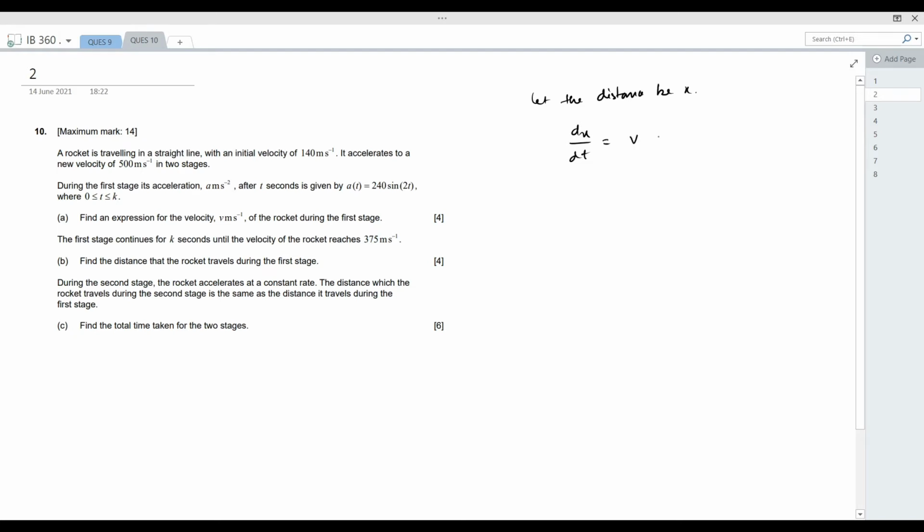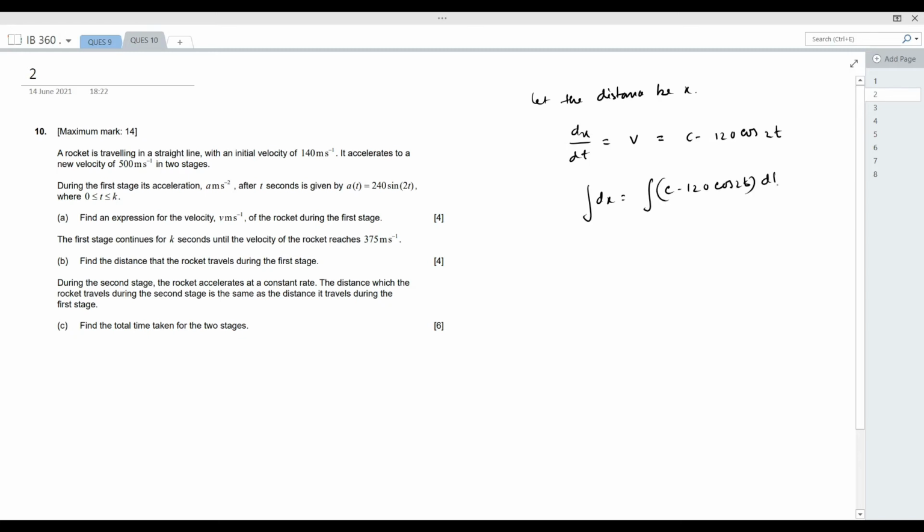Now v we have found to be c minus 120 cos 2t. So the integral of dx equals the integral of c minus 120 cos 2t dt.